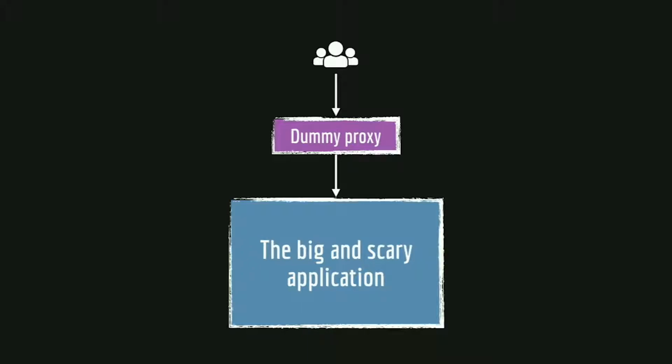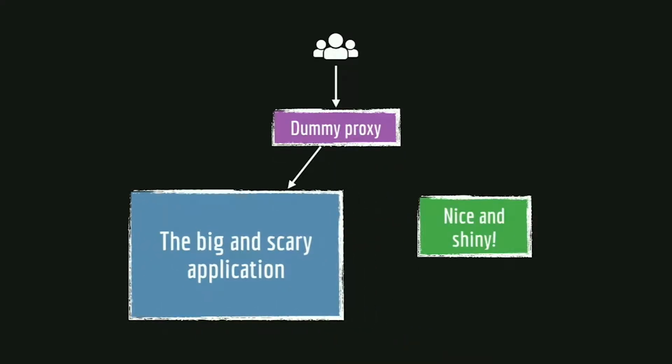Then you start to create something on the side of it. This is a nice and shiny thing. And this nice and shiny thing can be as small as a single endpoint. We don't care about that. Let's just put it there. Let's say that this application is an API and you're just extracting a resource.